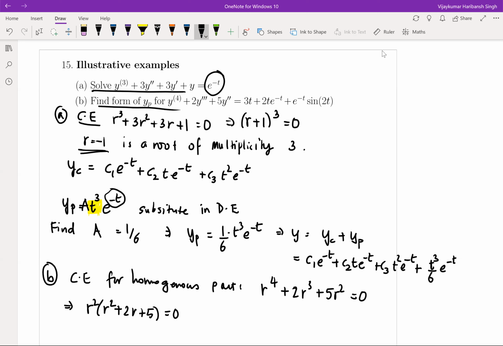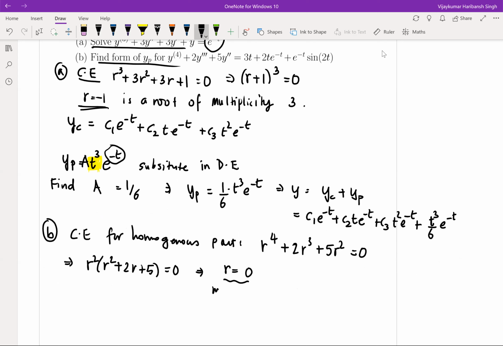This gives r equals 0 of multiplicity 2. Then r will have complex roots. You can see that it's going to be minus 1 plus or minus 2i.